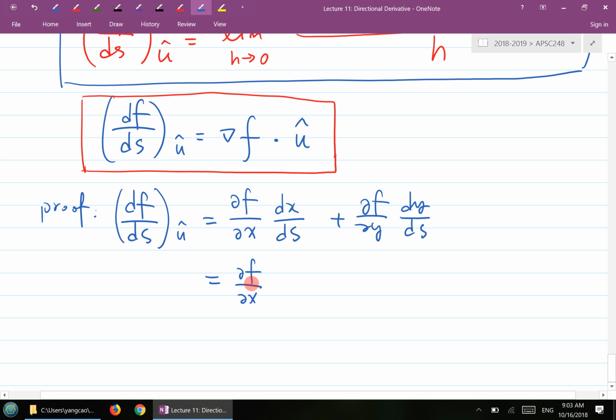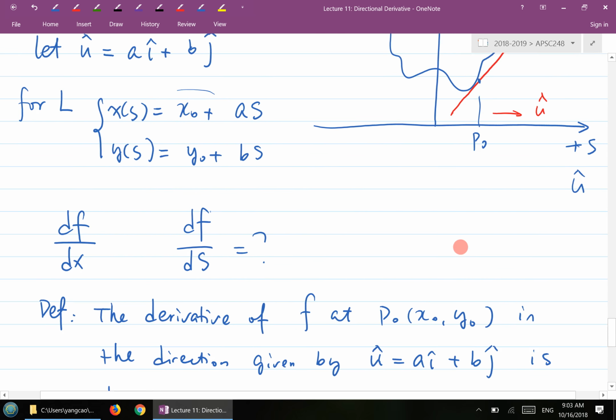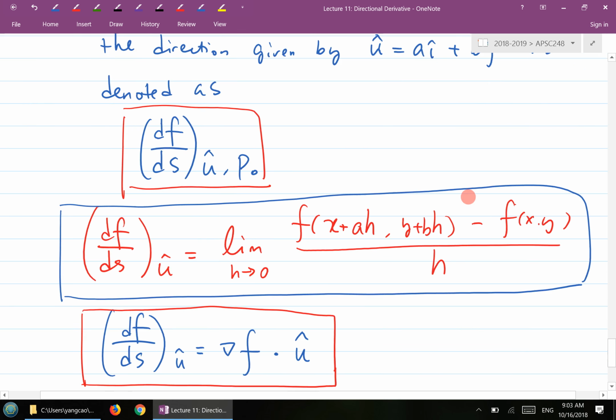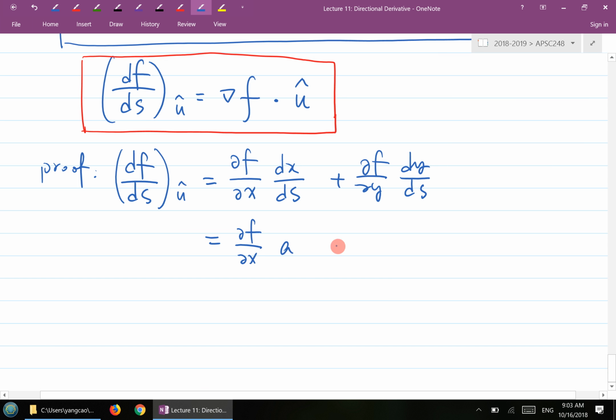And dx over ds: x and y are moving in that straight line direction L, which is given by the line equation. So you can see dx over ds equals what? It's a function of a single variable, so dx over ds gives you a value, let's call it a. And then dy over ds gives you the b value.